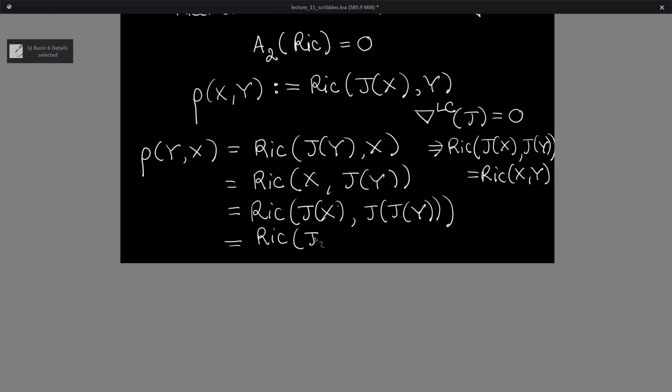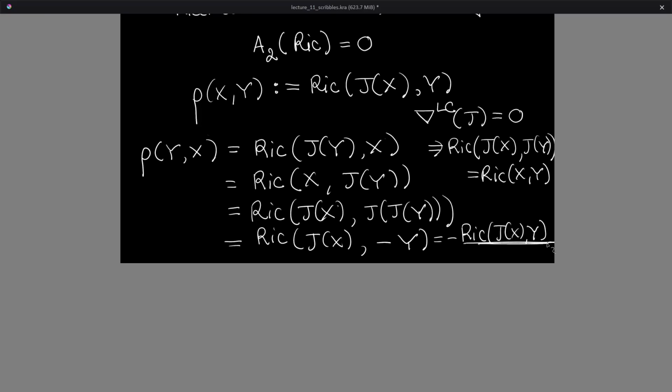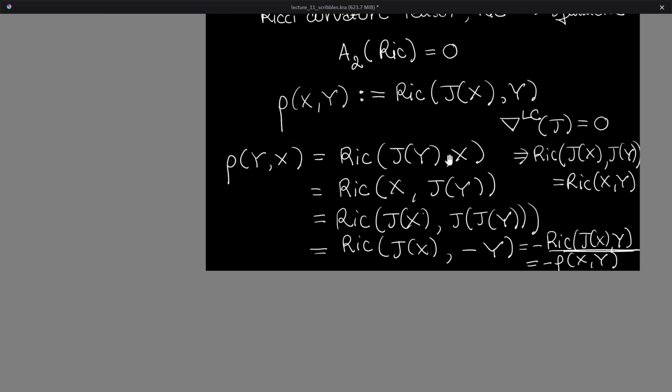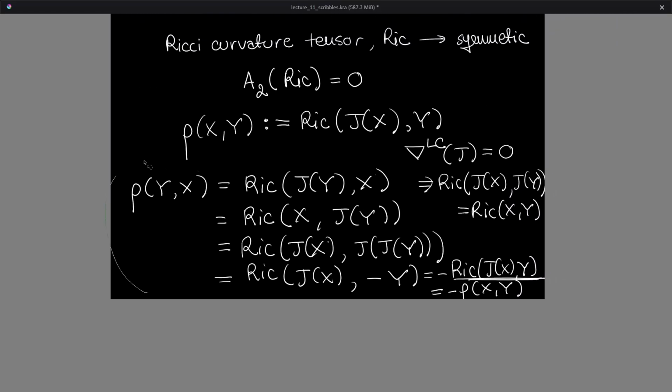Sorry about that. So then we get J of x, and then obviously we get J squared, which gives us a minus sign. If we take out that minus sign, then we get minus Ric of J of x, y. But Ric of J of x, y is the same format. It's equal to rho of x y. So then we get minus rho of x y, which implies, let me give myself a little bit more room here.